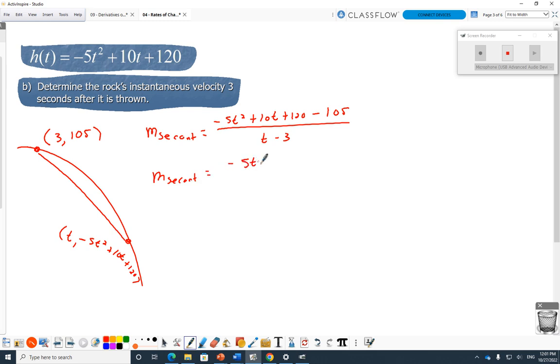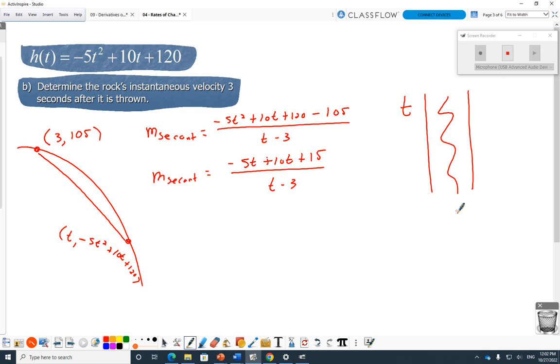I went negative 5t squared plus 10t plus 15 over t minus 3. And then you just plugged into that formula. You went, okay, now I don't need all those calculations in between. I can jump right to the slope of the secant. And you can totally do that.